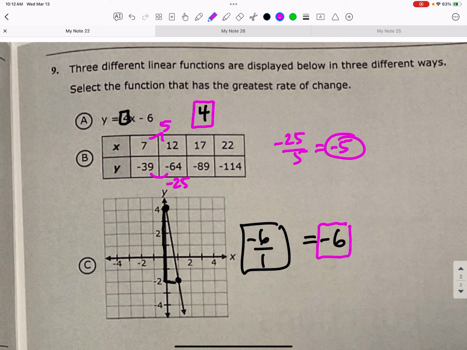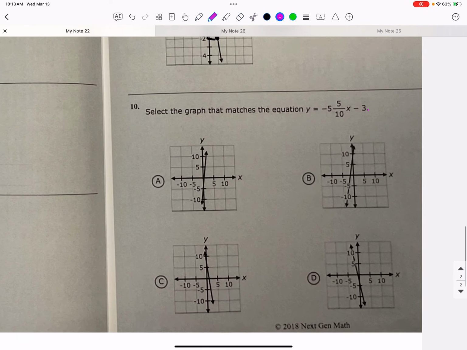I have to look up the greatest rate of change. Okay, yeah, so it doesn't matter if it's positive or negative. So this is the biggest one. 4 is greater than these. Yeah, okay. Long story. I was thinking of something else.